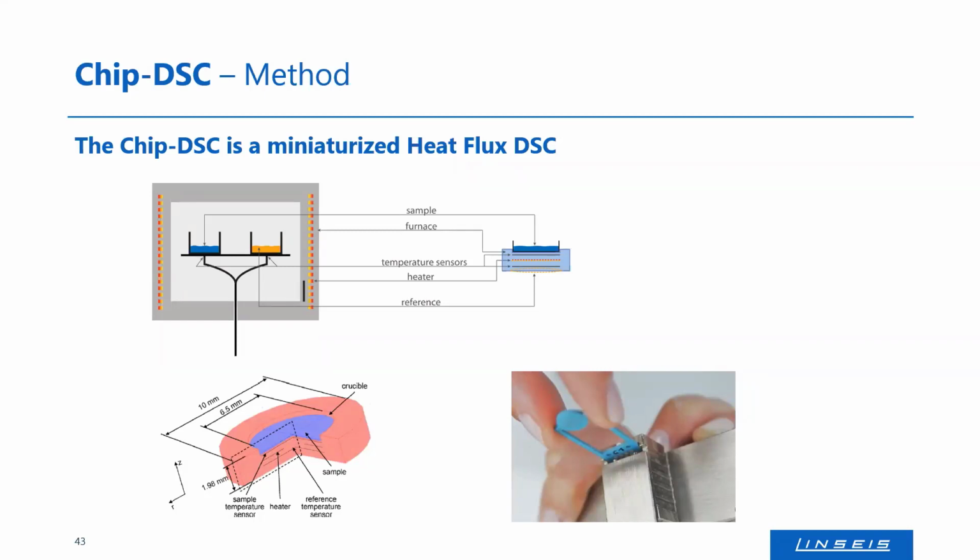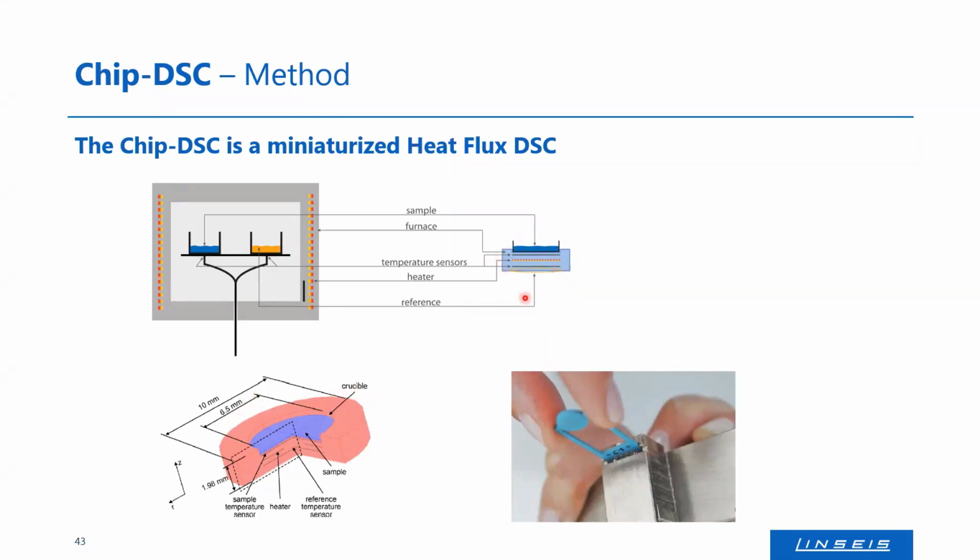For the last 50 or 60 years, heat flux DSCs, quite big ones, have been used, like shown here on the left-hand side. They were invented in the 1960s, and they are still in use, but the trend goes to smaller devices, to microchips.